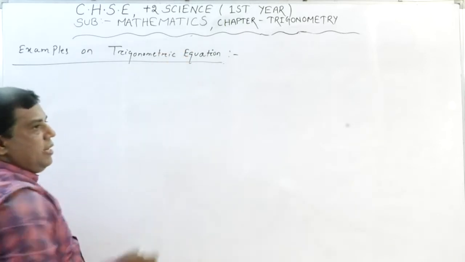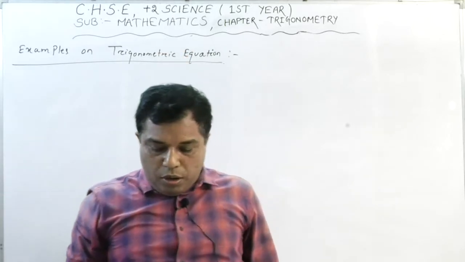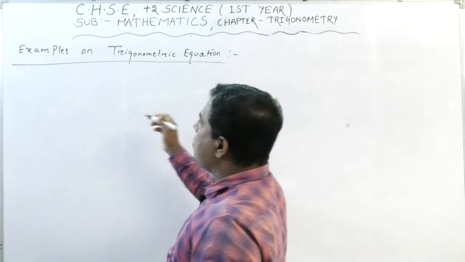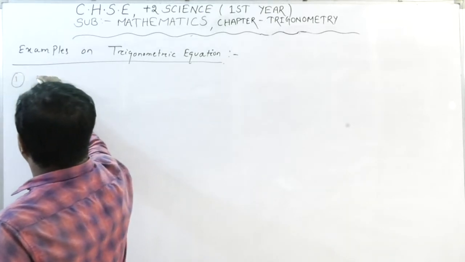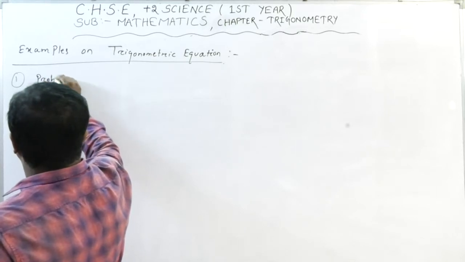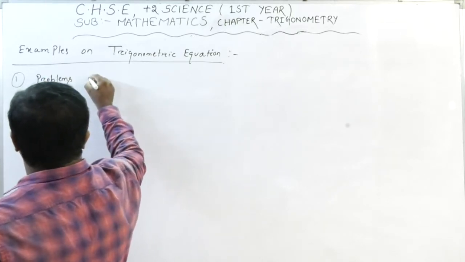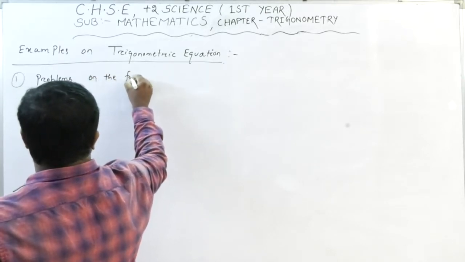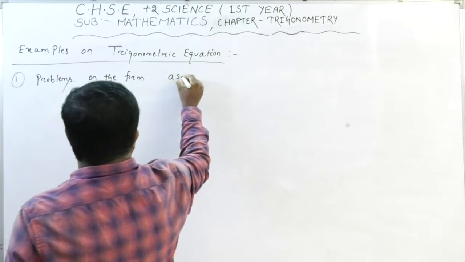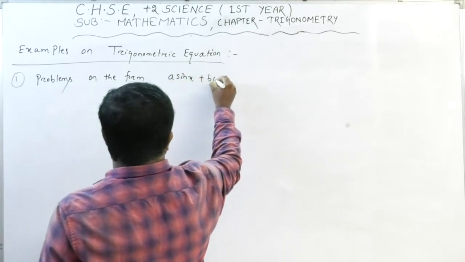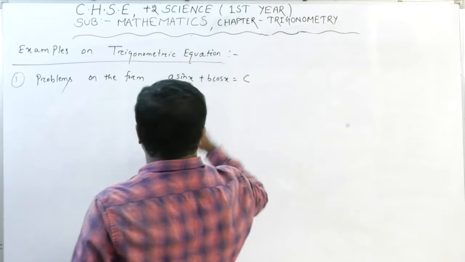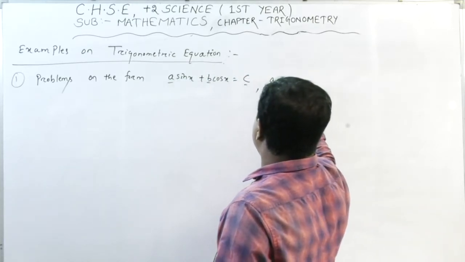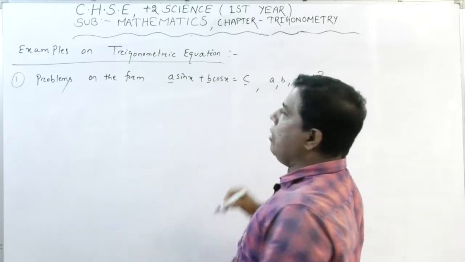Examples on trigonometric equation. First of all, we will go for problems of the form a sin x plus b cos x equal to c, where a, b, c are real values.